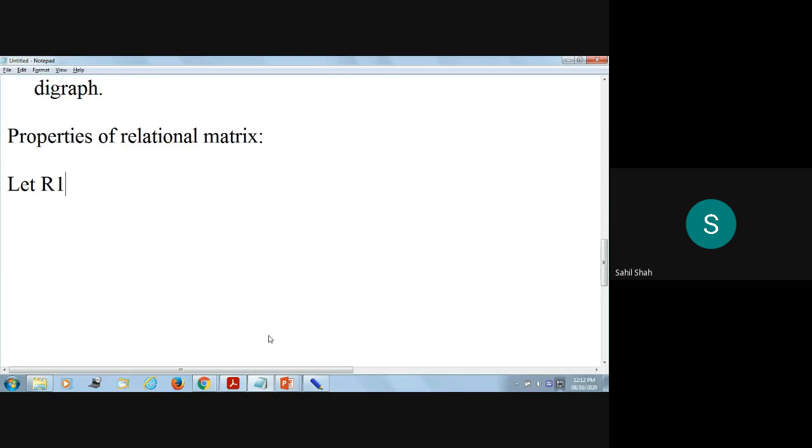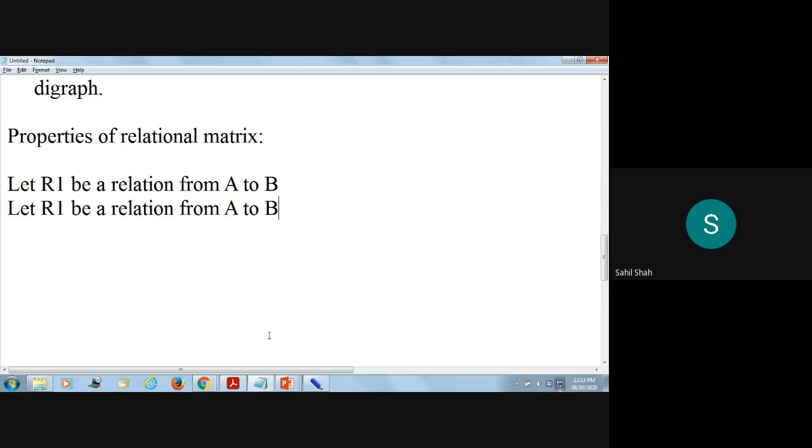Let R1 be a relation, obviously binary, from A to B, and R2 a relation from B to C. The following properties hold true.